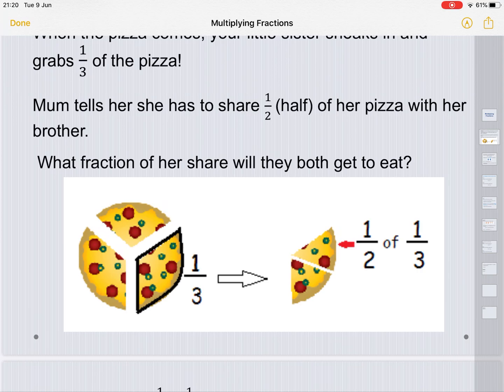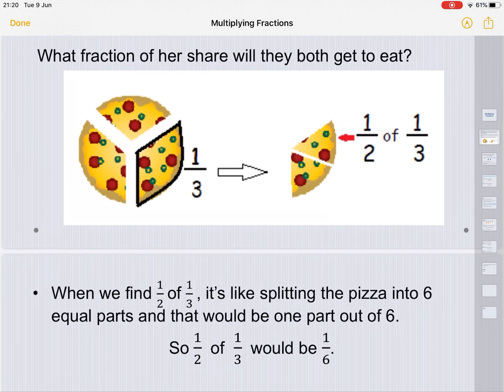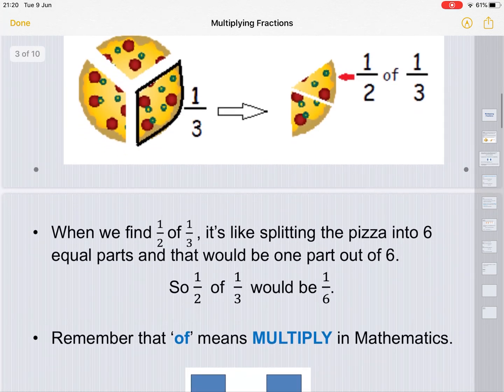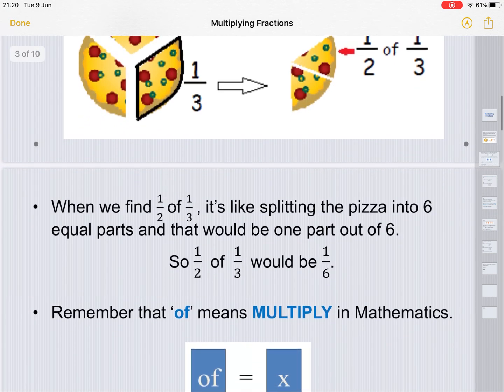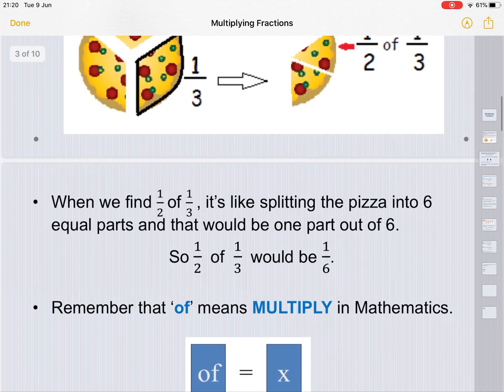It is like you are splitting the pizza into 6 parts, and both the brother and the sister are going to eat 1 part out of a total of 6. When we find 1/2 of 1/3, it's like splitting the pizza into 6 equal parts, and that would be 1 part out of 6. So 1/2 of 1/3 would be 1/6.